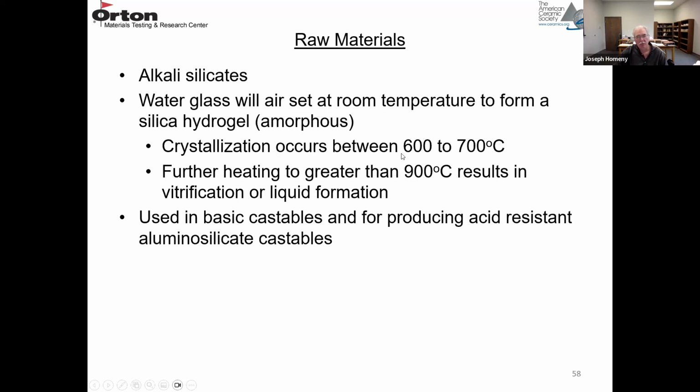And then when you heat it up between 600 to 700 degrees C, the gel starts to crystallize. But on further heating, it's a low temperature material. So at temperatures greater than 900 degrees C, you start forming a liquid. So these types of binders are used in basic castables or for making an acid-resistant aluminosilicate castable.